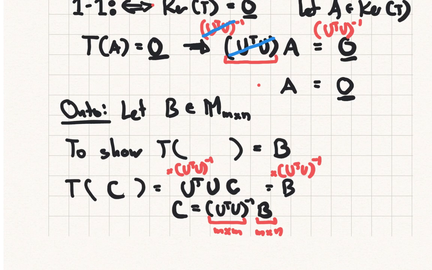So if we multiply those, it has the dimension m by n, so we're good to go. So if we plug in U transpose U inverse times B into our linear transformation, we end up with B back. So that's the definition of being onto. So T is onto. That's great. So there are some good techniques to show linear transformations are both one-to-one and onto.